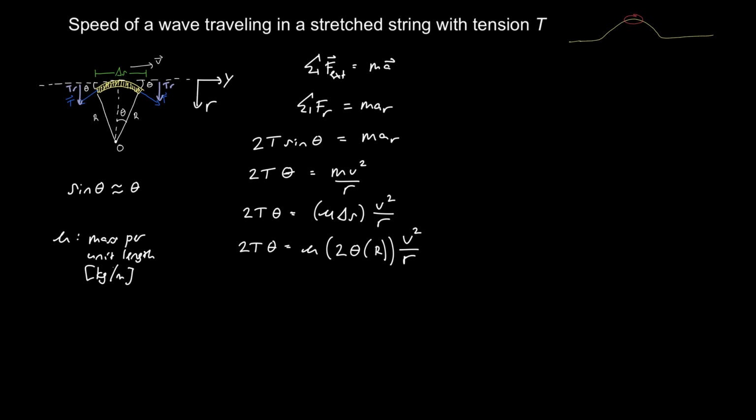Okay, now it's just kind of simple math. So these 2's cancel. This theta cancels. And the radius of the circle is the same as the radius of the circular motion, so those r's cancel. And so we're left with this expression.